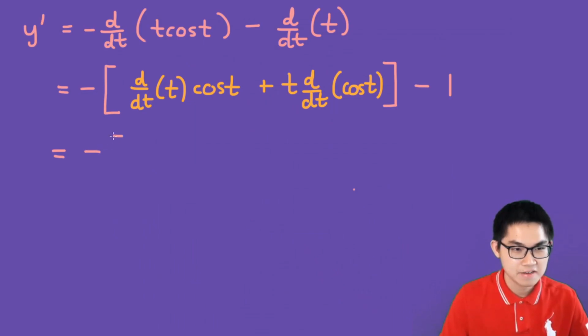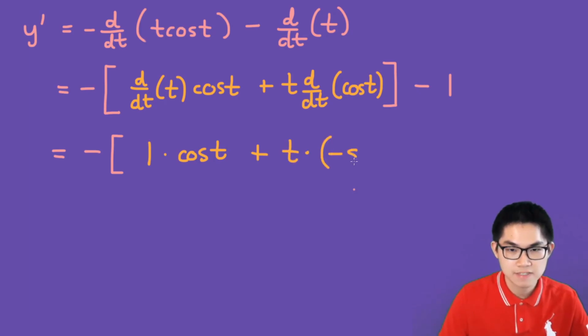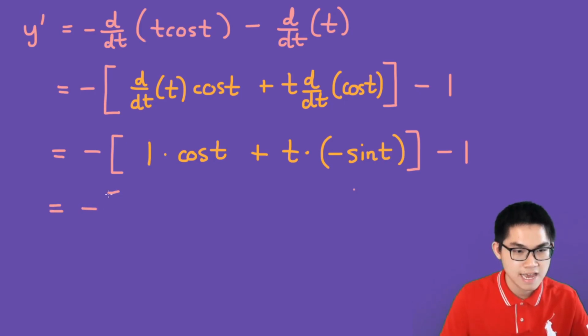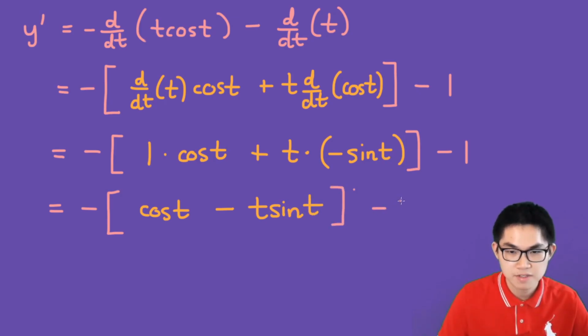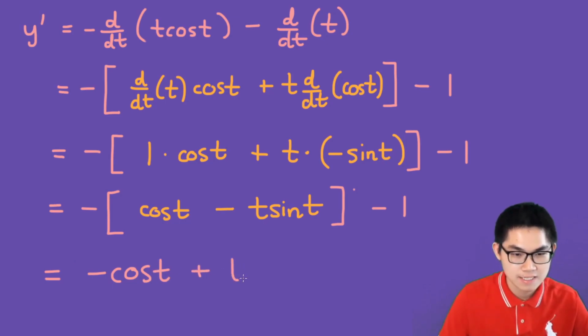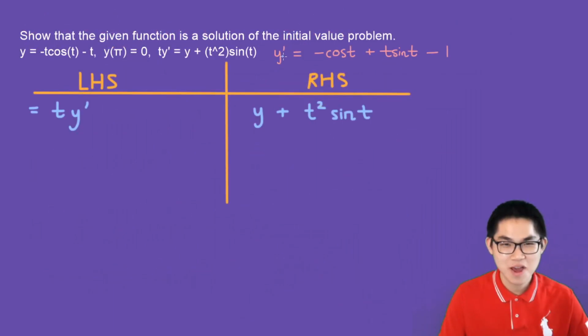We get negative 1 times cosine of t plus t times negative sine of t, minus 1. Negative cosine of t minus t times sine of t minus 1, which is negative cosine of t plus t sine of t minus 1. So y prime is equal to negative cosine of t plus t sine t minus 1.